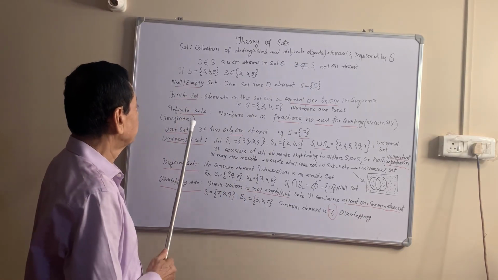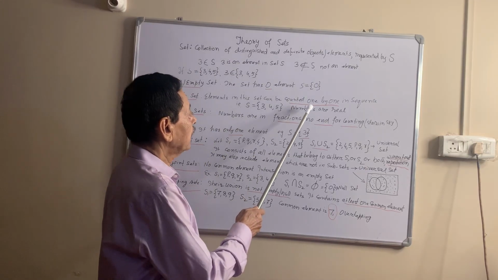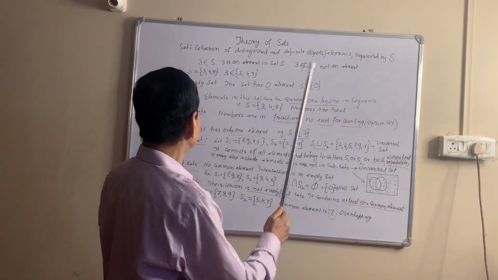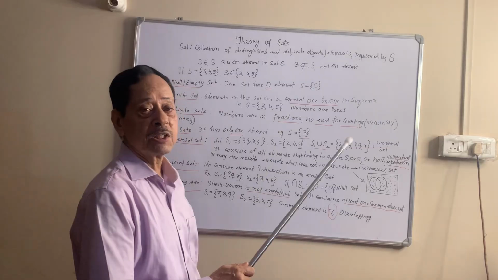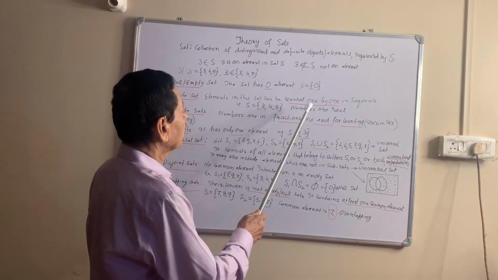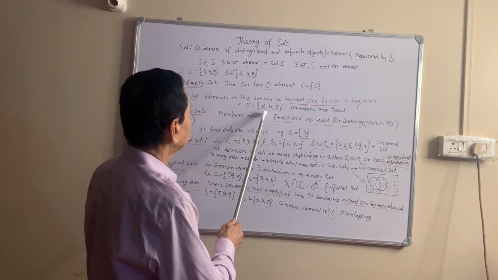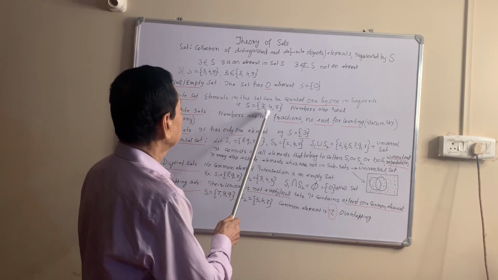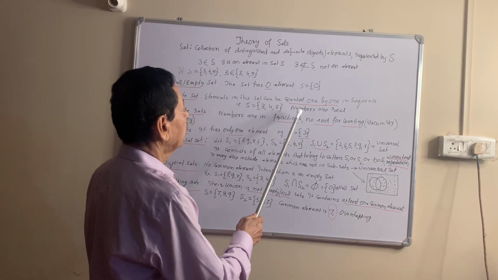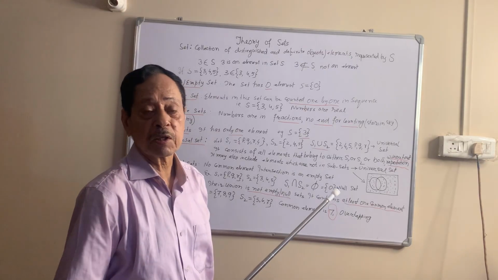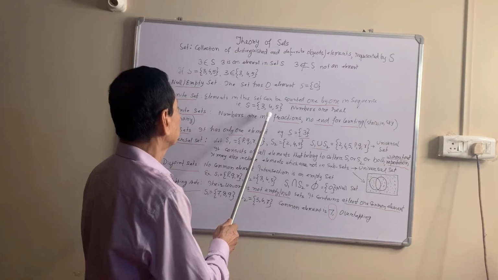Then the finite set: the elements in this set can be counted one by one in sequence, so the elements will be in sequence and it is countable. For example, S is equal to {3, 4, 5}. These are real numbers, not imaginary numbers, and they are not in fractions.